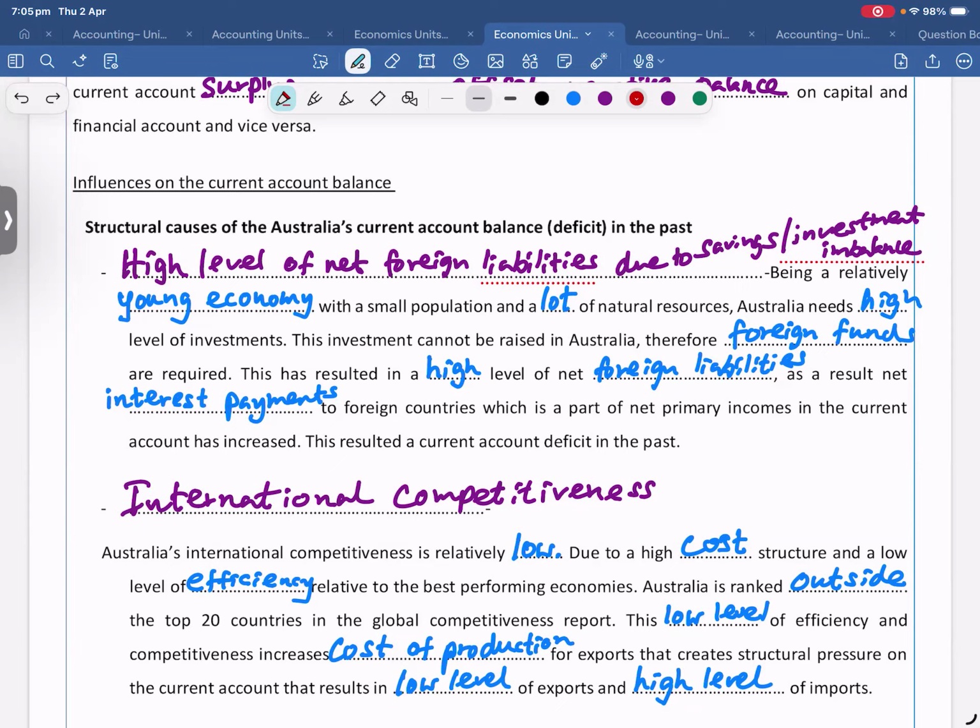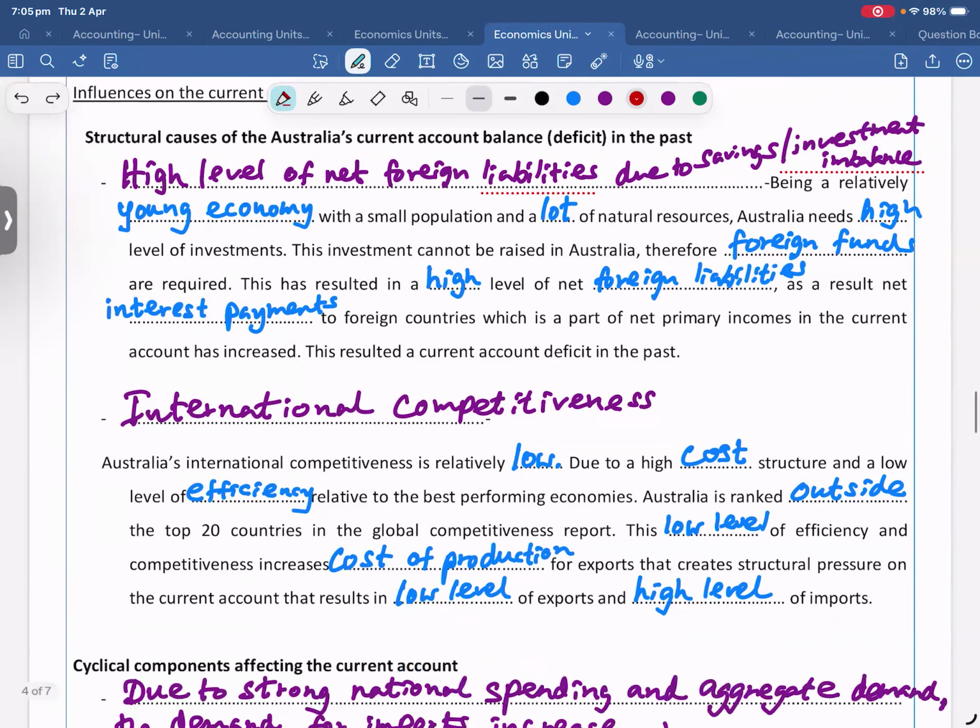So we can't really compete with the rest of the countries where labor costs are low. So countries like China very easily win, because their cost of production is pretty low. Also, our efficiency is less. Do you think our methods are really efficient?